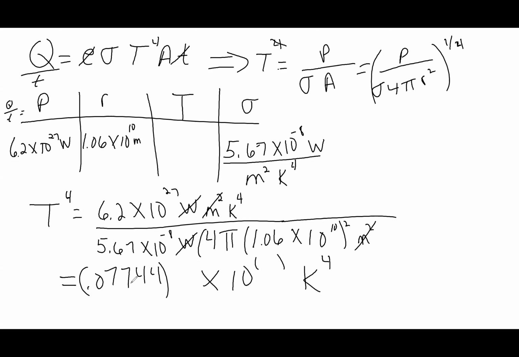Now, once we do that, we've taken care of the numbers. We haven't done this part. Now we have 10 to the 27th in the numerator. The denominator, we have 10 to the 10th to be squared.